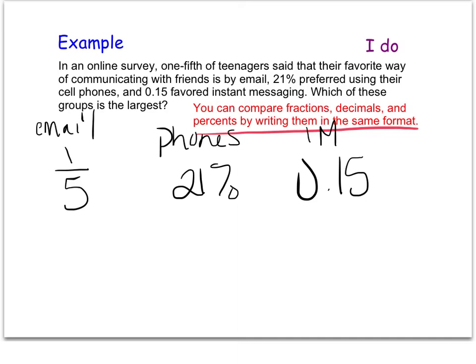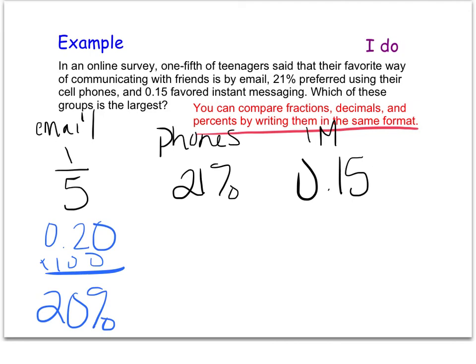So let's change them to percent. 1/5 as a decimal will be 0.20. And as a percent, remember we have to multiply by 100 and add a percent sign, and this becomes 20%. 21% is already a percent, so we're going to keep that as 21%.